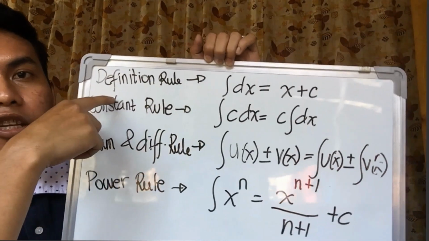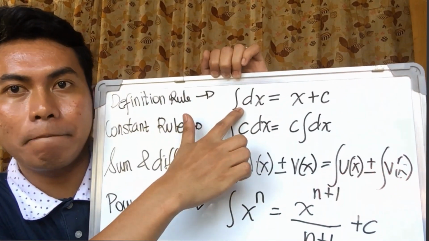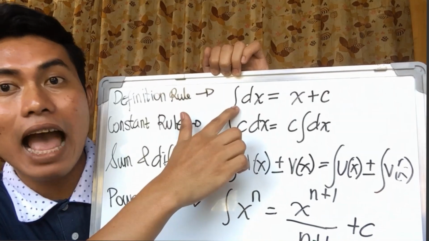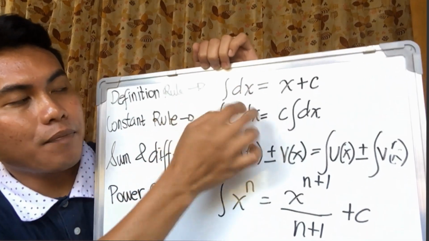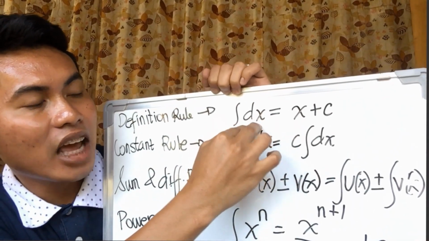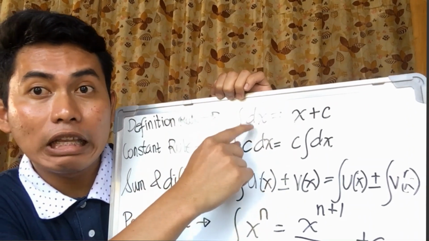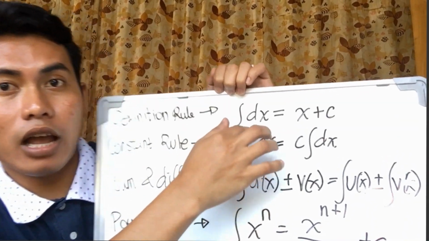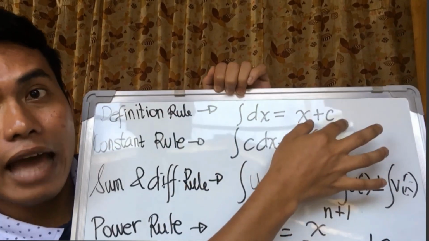First, the definition rule. This one is called the integral sign. So, the definition rule says that the integration, the anti-derivative of this one, remember, meron siyang invisible one dito. Kapag ganito daw siya, automatically ito yung sagot, x plus c.